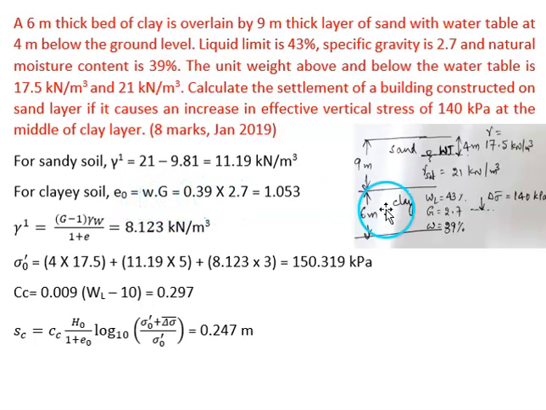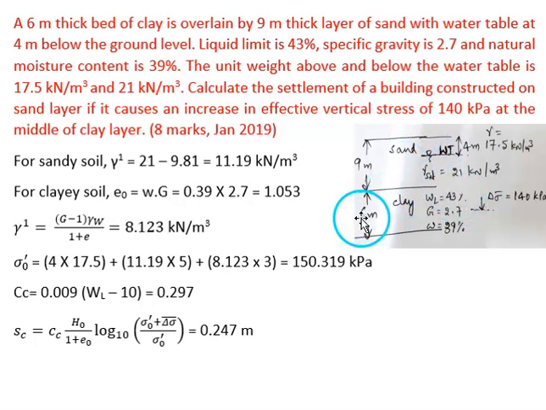Here water content and specific gravity are given, 0.39 and 2.7, so that we can calculate the initial void ratio. Then we can also calculate the submerged unit weight from the equation (G minus 1) into gamma w by (1 plus e). Then we have to calculate the initial effective overburden pressure at the center of the clay layer.